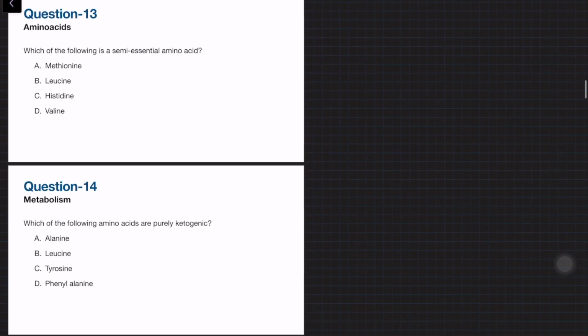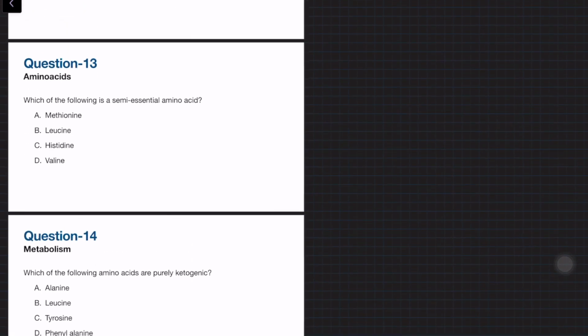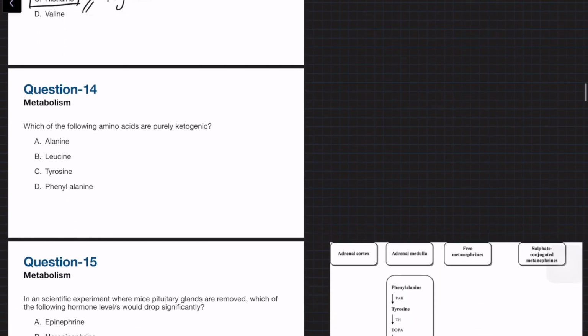Okay. So which of the following is a semi-essential amino acid? The semi-essential amino acid in this list is histidine. What are the other semi-essential ones? Arginine. And what are purely ketogenic? Okay, there are three fates actually. It is ketogenic or glucogenic or both.